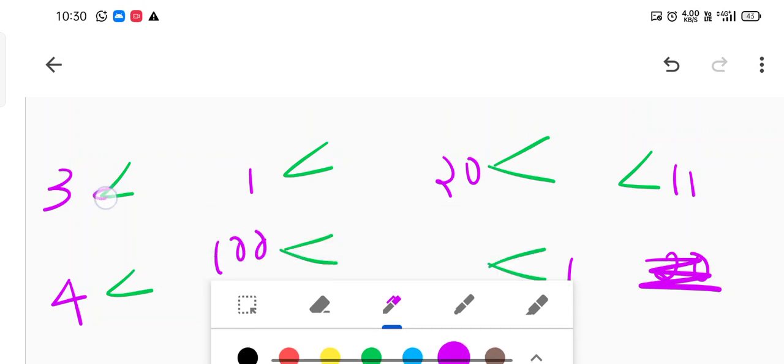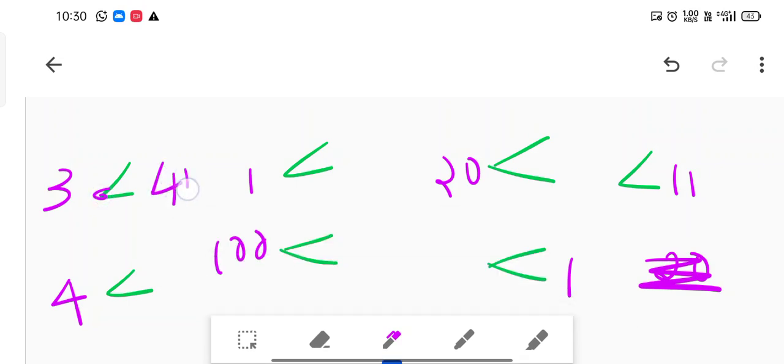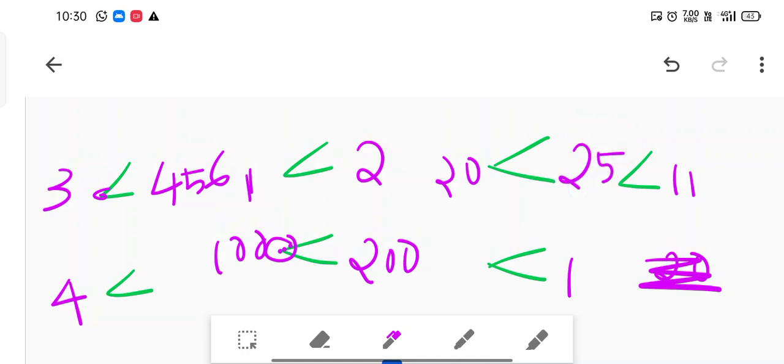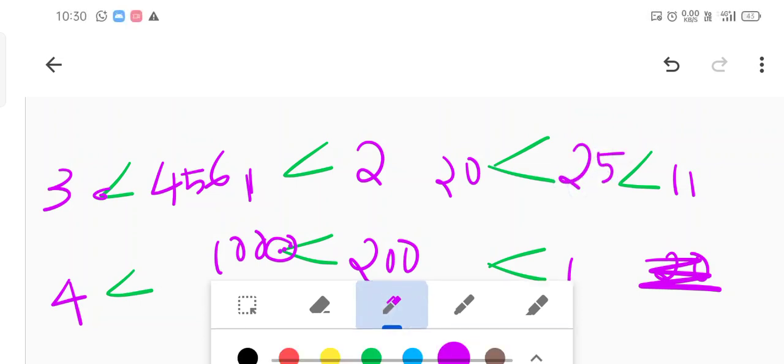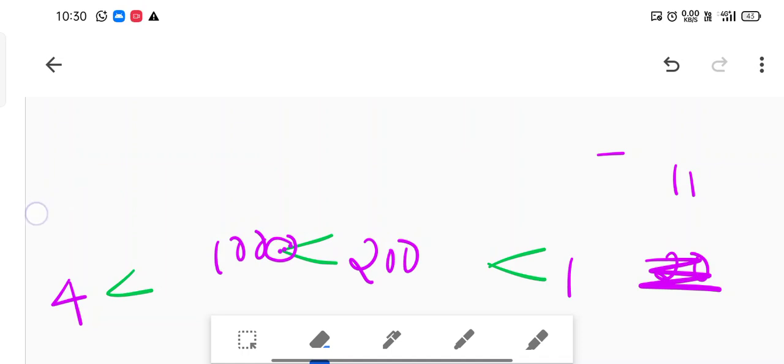If 3 is small, here comes 4, 5, 6 and so on. Here 1 is small, so here 2. Here 100 should be small because 100 is the smallest part, so here can come 200. Here 20, so here 25. Similarly, now let's go to the complete mathematical form.